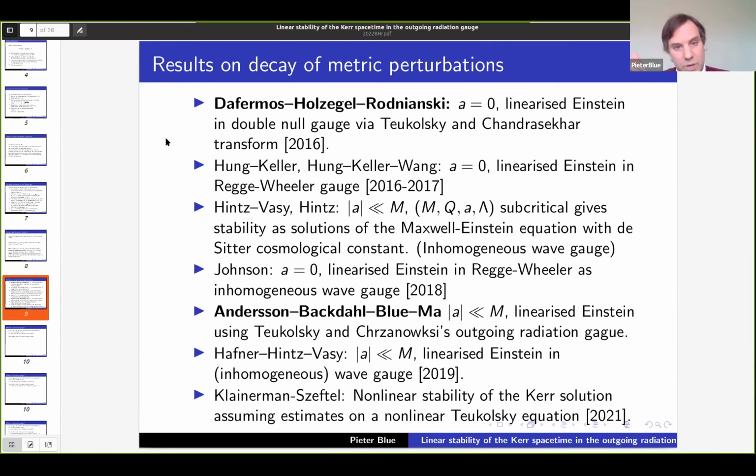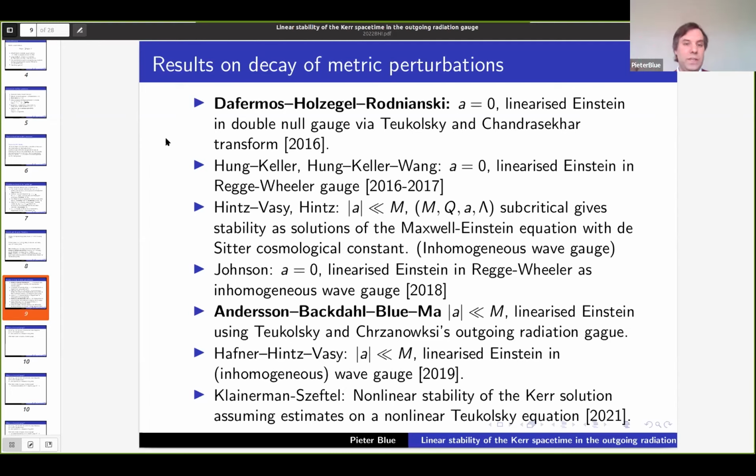In quite a different approach, Hintz-Vasy and Hintz, for very slowly rotating black holes with a cosmological constant, proved stability. And this is quite a different sort of result.